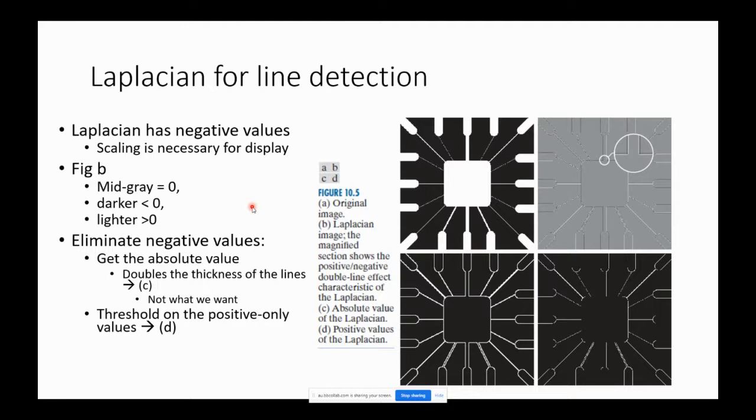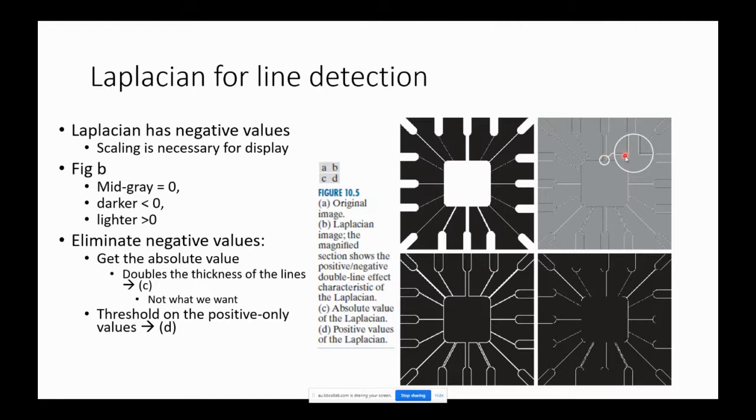So, ideas to eliminate negative values: we could get the absolute value of the Laplacian, as we've done in the point detection algorithm. But as we see, instead of getting a very nice sharp line, we're going to have a very thick line, because if you get the absolute values, then we sum the dark portion with the white portion.